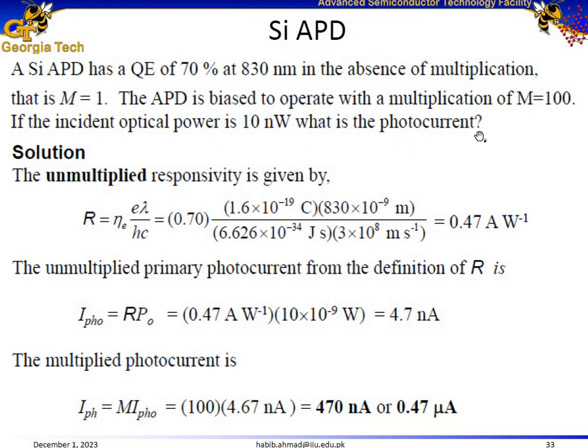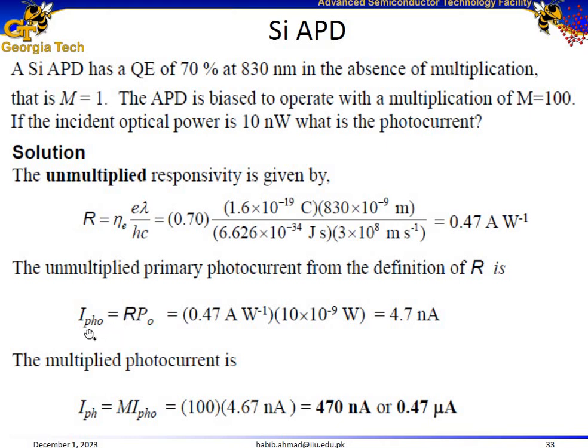So here we have to calculate the photocurrent for two scenarios, for a multiplication factor of 1 and for a multiplication factor of 100. For a multiplication factor of 1, it means the primary photocurrent. We need to calculate the primary photocurrent. We know from the definition of the responsivity that responsivity is equal to the output photocurrent divided by the input optical power.